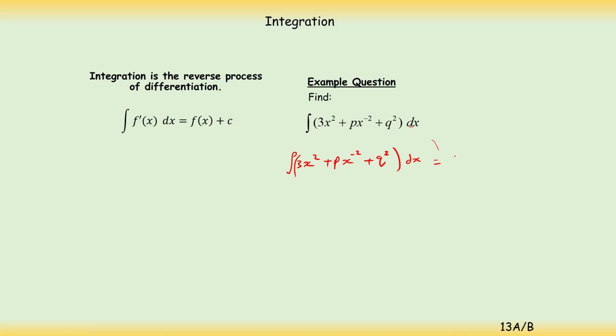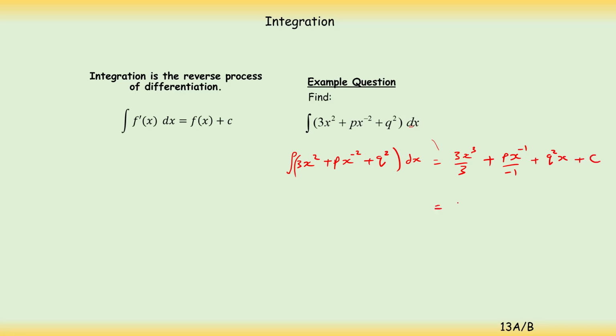So term by term integration, add 1 to the power, that's going to give us 3x cubed over 3, they're going to cancel in a minute, plus increase the power by 1, so we've got px to the power of minus 1 over minus 1, plus we treat that as a constant term, so it's going to give us q squared x plus our constant c.